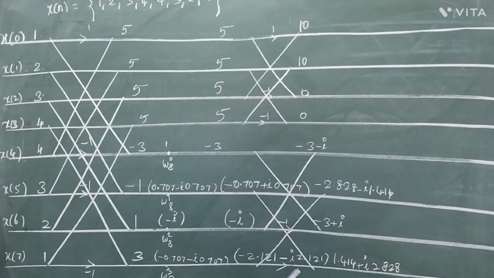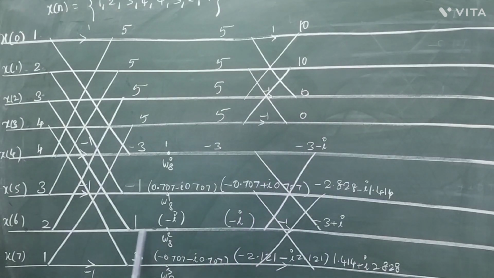Similarly for the next butterfly, minus 3 and minus j: minus 3 minus j, and minus 3 minus of minus j, plus j. And then minus 0.707 plus j 0.707 and 2.121 minus j 2.121. So the answer is minus 8.828 minus 1.414, and then 1.414 plus j 2.828.